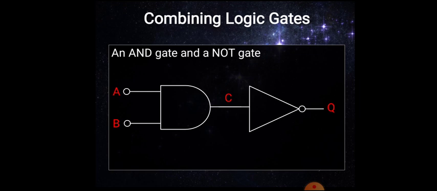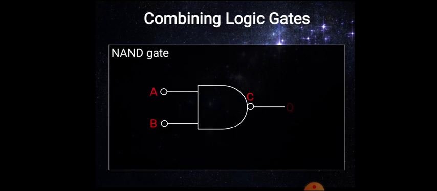Here the AND gate output is C, which is given as input to the NOT gate, so we get the NAND gate. It is the same as the AND gate symbol, but with a small circle or bubble at the end. That is the NAND gate symbol.